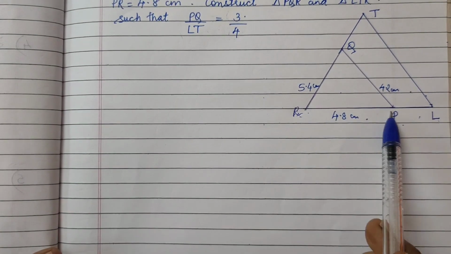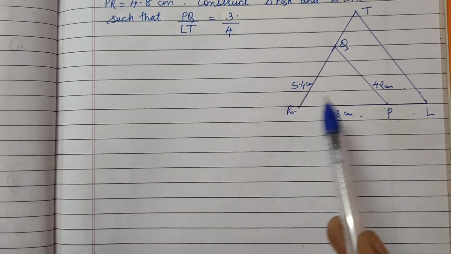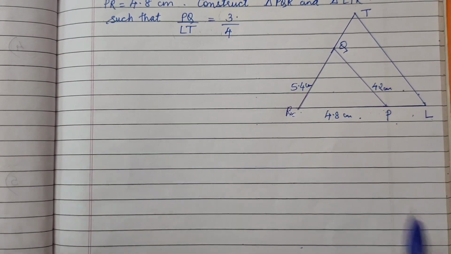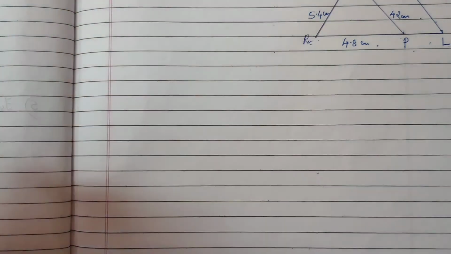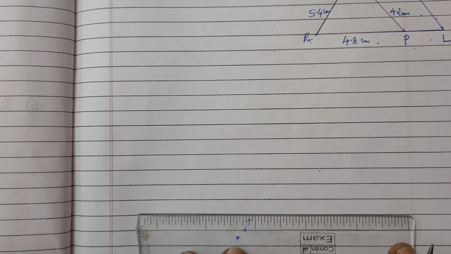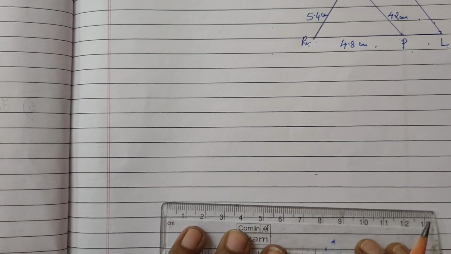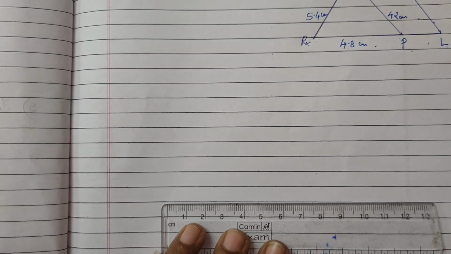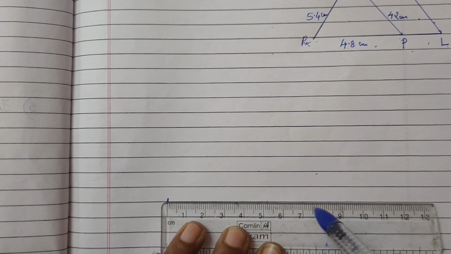Okay, so firstly PR 4.8 centimeter हम यहाँ draw करेंगे. Then 5.4 centimeter और 4.2 centimeter से हम वो measures कर लेंगे. Okay, so firstly I'm drawing 4.8 centimeter from here to here.